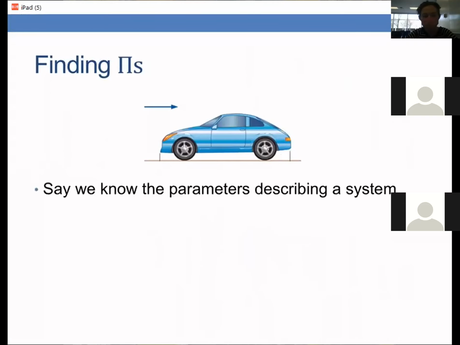Okay. Finding pies. So we know the parameters describing a system. I was saying that earlier. So we know the drag force is some function of L, V, rho, and mu, but we don't know what function. And it's probably this huge, nasty one that's impossible to solve.